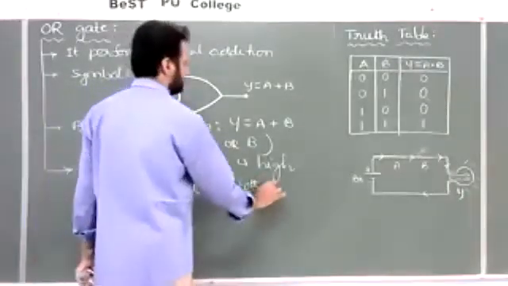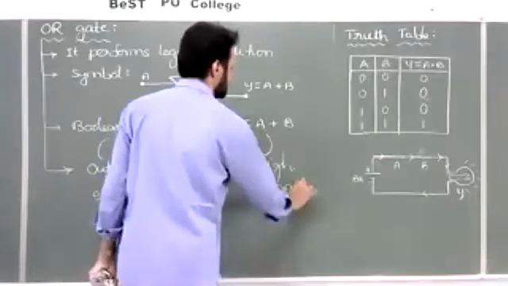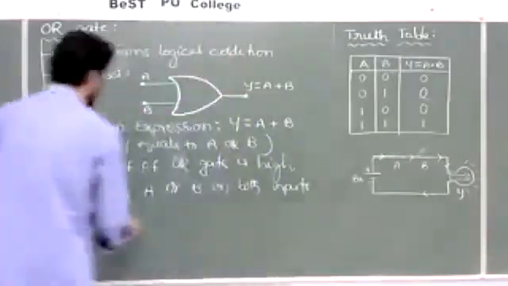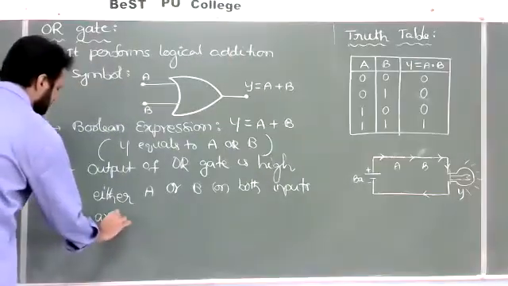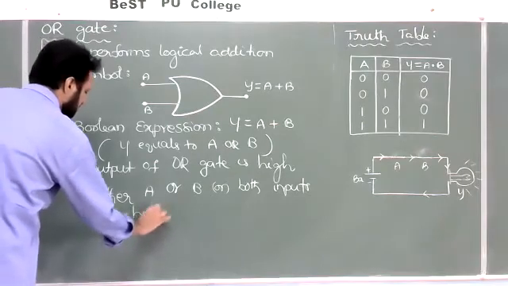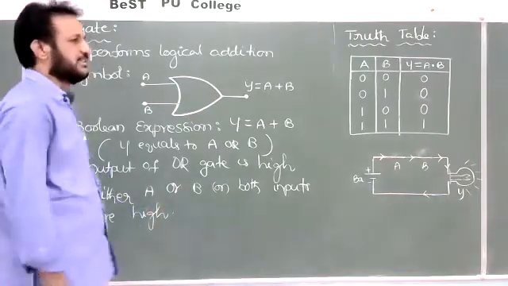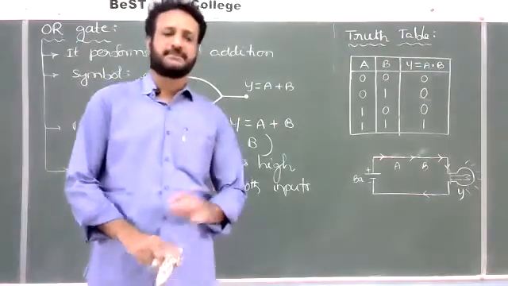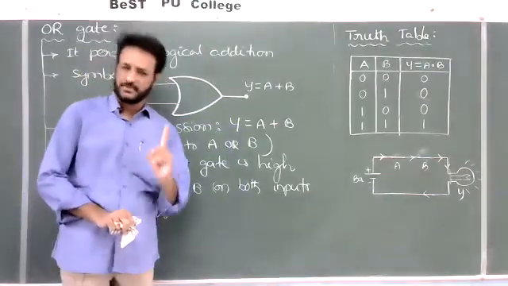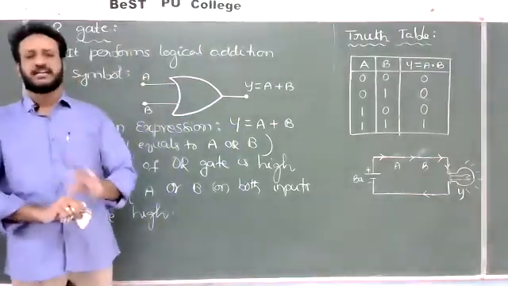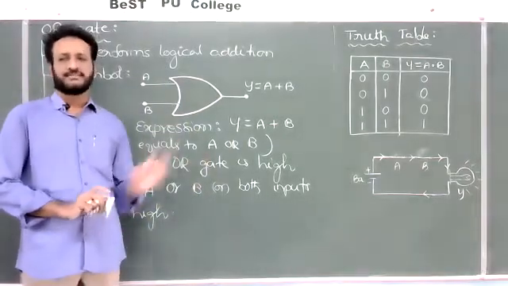So it indicates there is no need for both inputs to be high. If at least any one input is high, or both inputs are high, then the output is high.